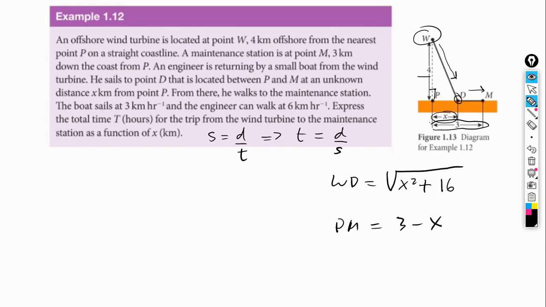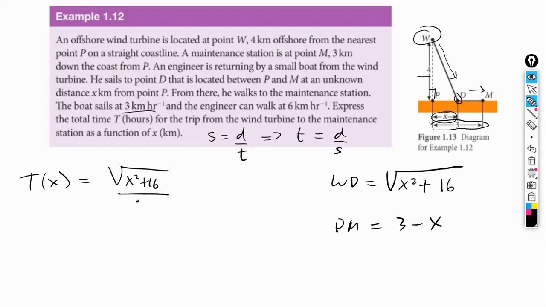Then we have everything to set up the function. So we would say T, time, in terms of x, is equal to distance over speed. For WD, the time would be the distance divided by the speed. So it would be the square root of x squared plus 16 divided by the speed, and the speed of the boat was 3 kilometers per hour.